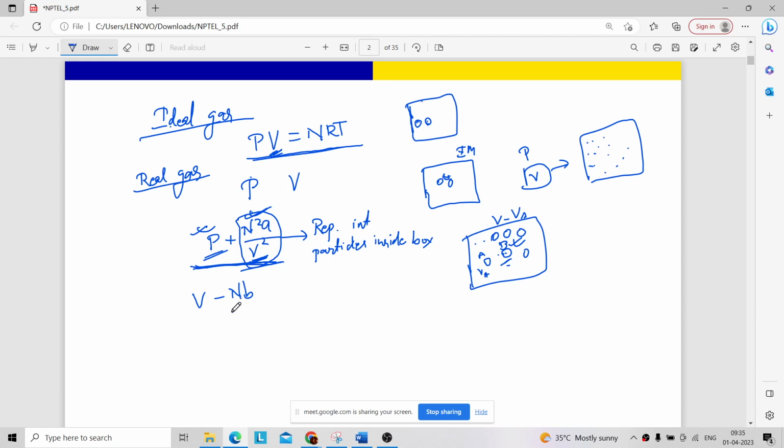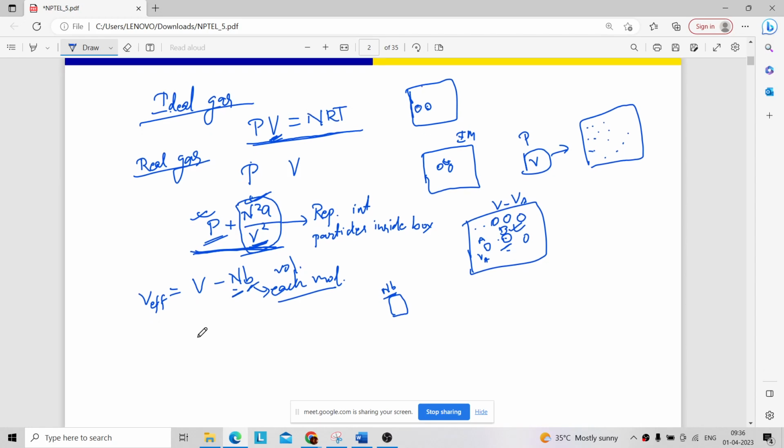So if there are n molecules and b is the volume of each molecule, then the volume occupied by these n molecules will be n times b, right? And if I take the difference, I will get the effective volume for the particles to move.